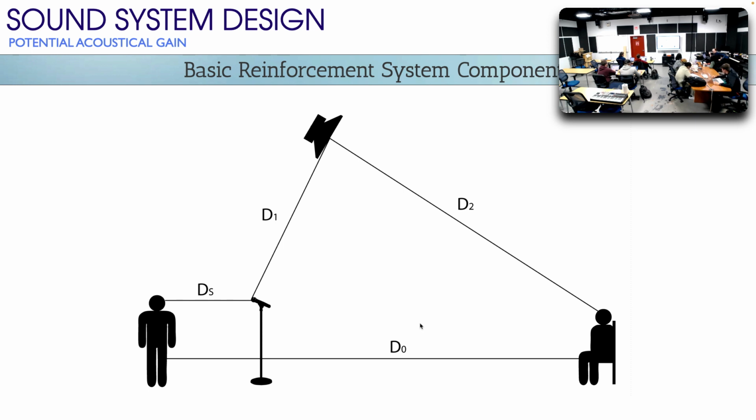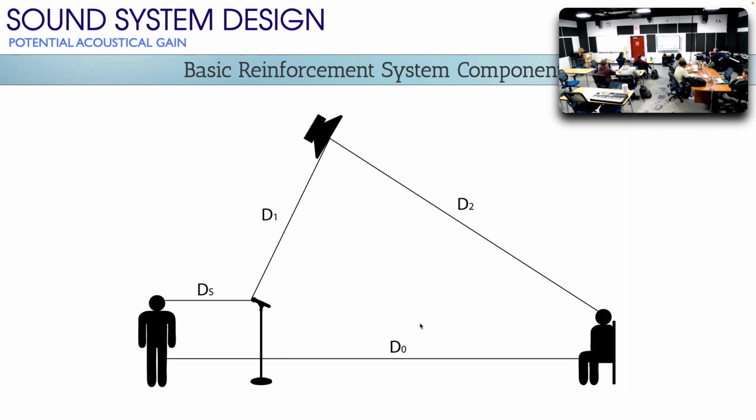And this is a very basic system. Obviously, in real systems, you would maybe have multiple microphones, multiple loudspeakers, maybe even multiple talkers, multiple listeners, right? So we're going to keep it simple for now, though. But now I've also labeled some lines, and these represent distances, the very important distance relationships between those components.